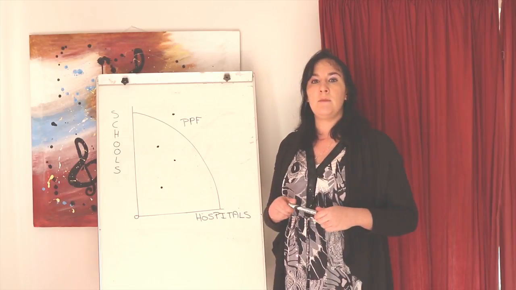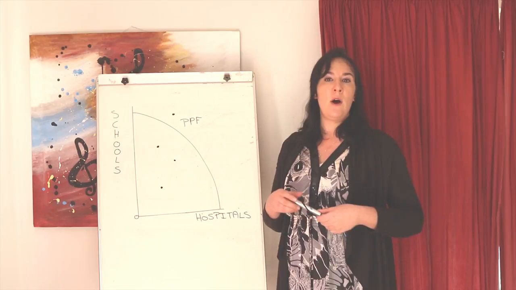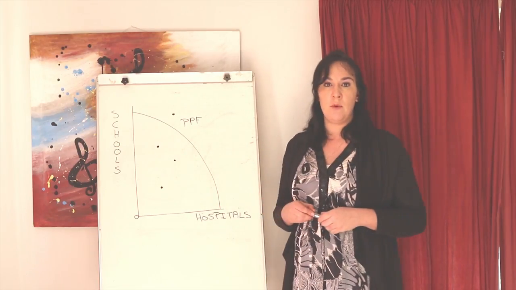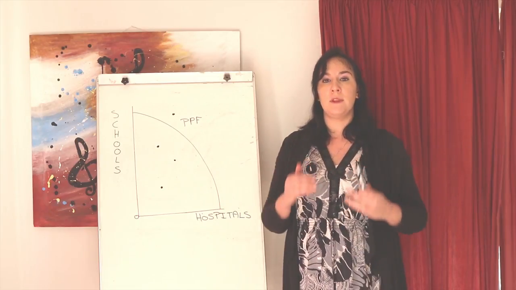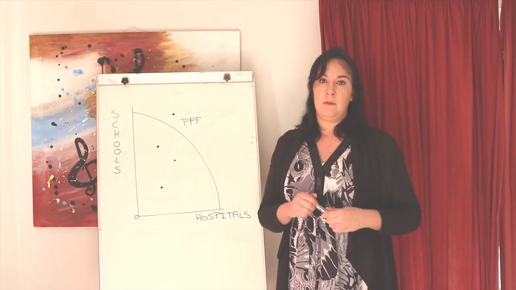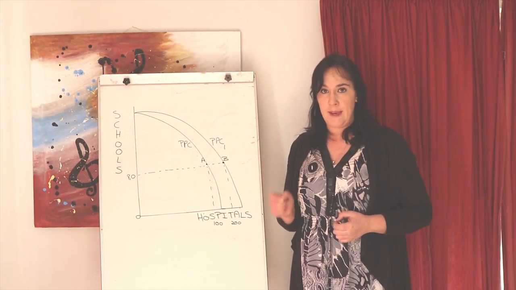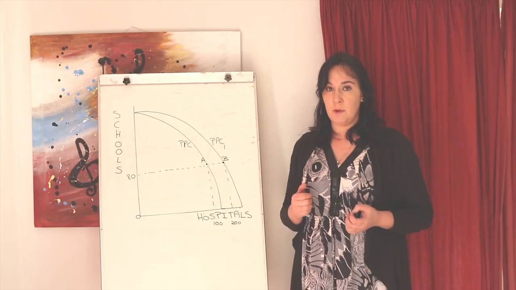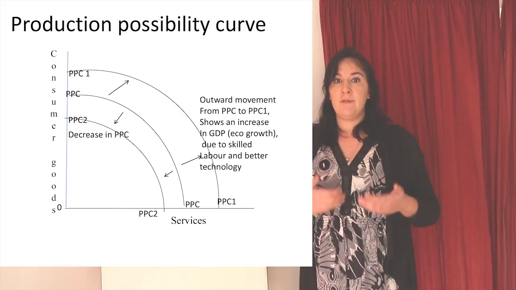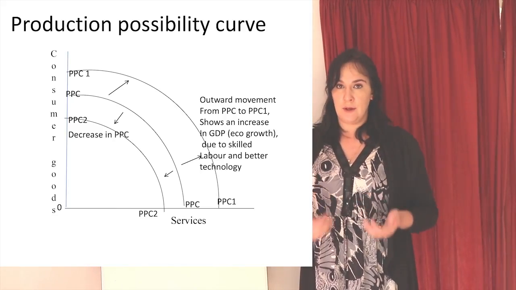You could reach that point by, for example, getting more skilled labor or better machines. But at the moment, with the given resources that you have, it is unobtainable. That unattainable point outside of the PPF can be reached if the quantity and quality of my resources were to increase.